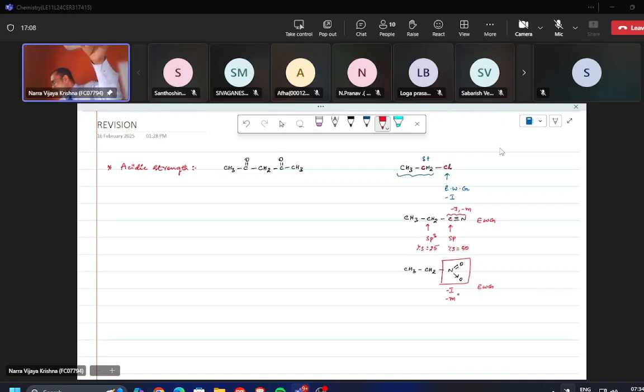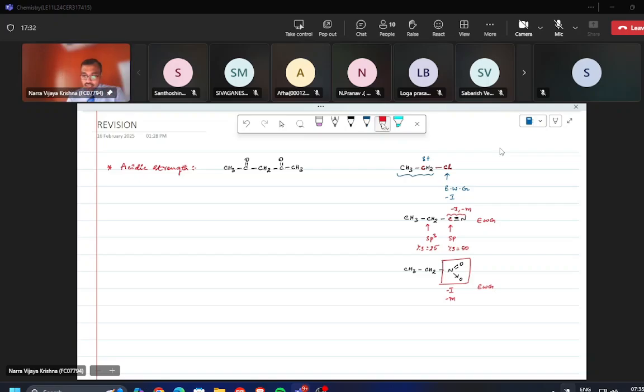And it is showing minus I effect as well as minus M effect. Clear? Any questions in it? If this atom is more electronegative, then it is a stronger minus M group. If this atom is more electronegative, then it is a stronger minus I group. Simple. Correct? Respond, sir. Any questions in it?